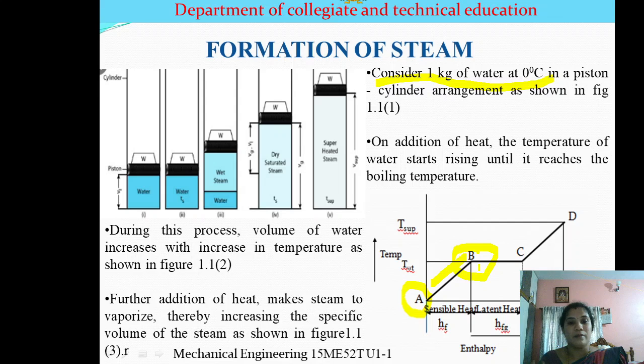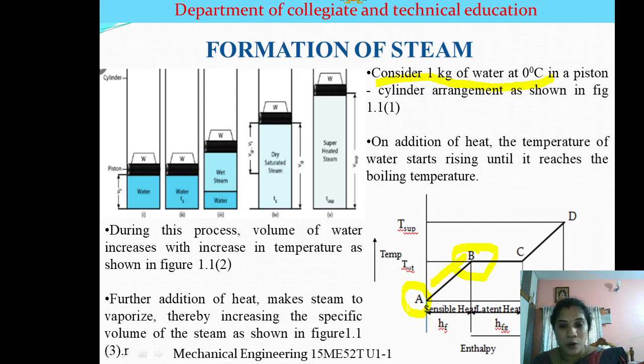From today, instead of saying boiling temperature, we'll use the technical name, that is saturation temperature. The saturation temperature is the temperature where the water starts boiling. This is represented by T saturation.